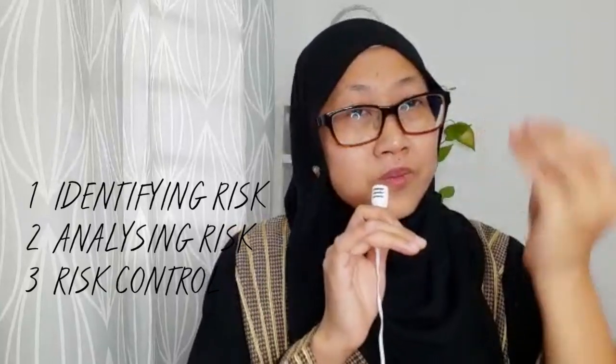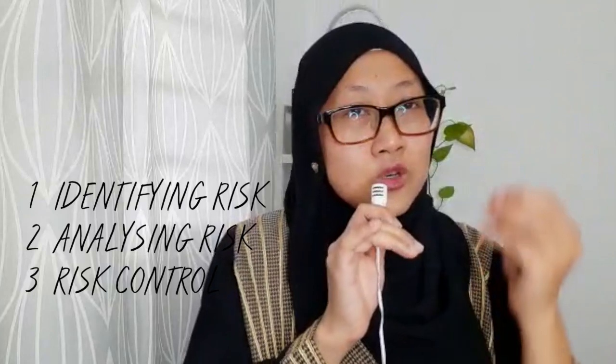So the third part, which is take control of the risk, we did not really cover that in detail, but if you look at the analysis part, at least you get an idea of the severity of the potential problem that you will likely face in your project. So in qualitative risk analysis, you kind of sort which risk is more critical compared to the other risks.